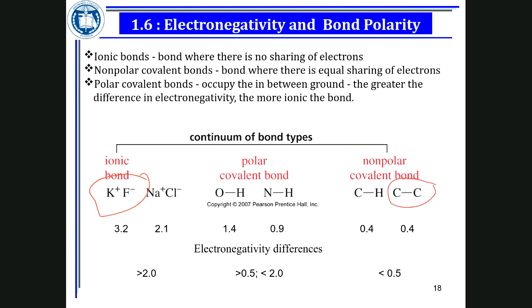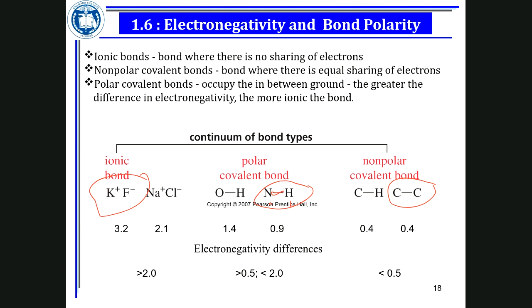If it's between two different non-metals that have different electronegativity, one has greater desire to accept electrons, so it's going to pull the electrons to one side, and that makes it a polar covalent bond. Why covalent? Because it's the bond between two non-metals. Nitrogen is a non-metal, hydrogen is a non-metal, so this bond is going to be covalent.